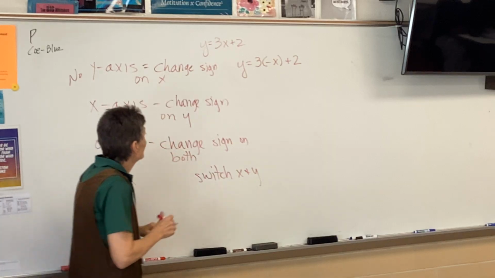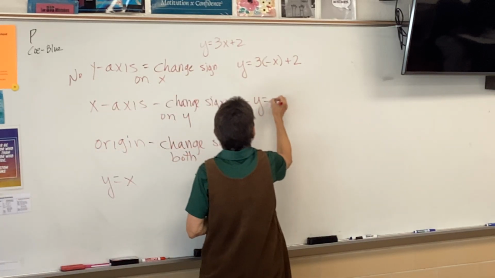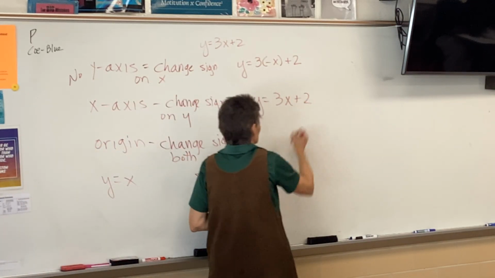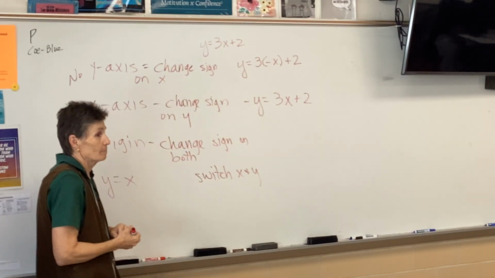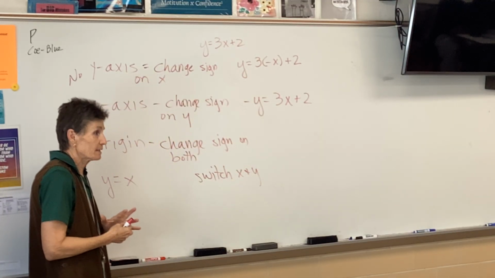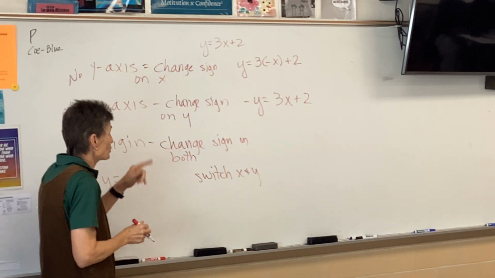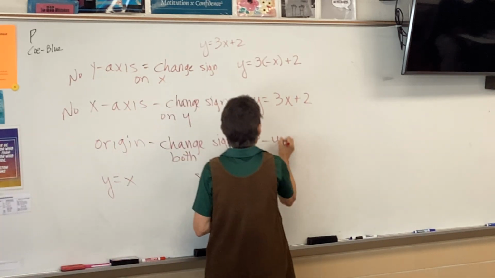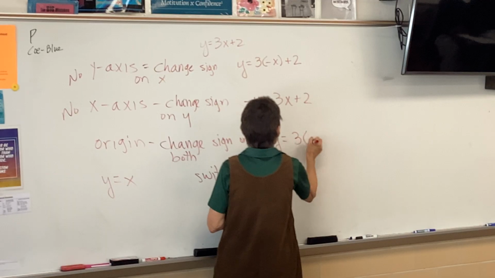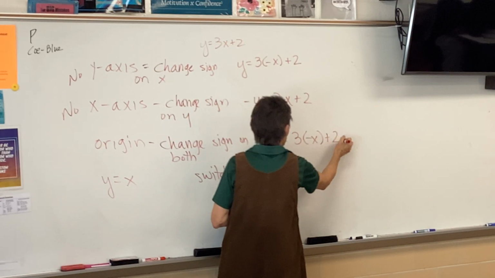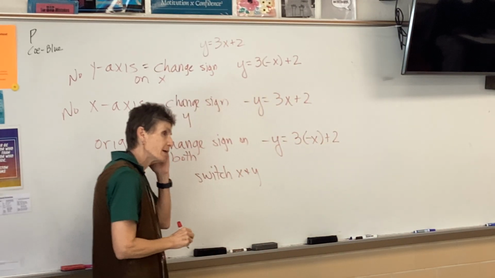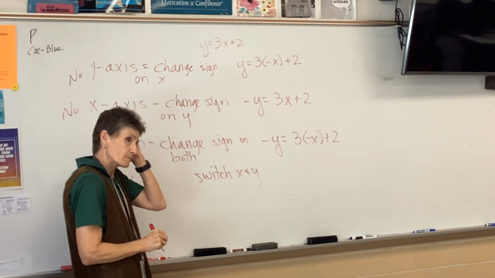Negative y equals 3x plus 2. I don't think that one's going to match either. All right, change both. So negative y equals 3 negative x plus 2. Now that one is a little bit tougher.